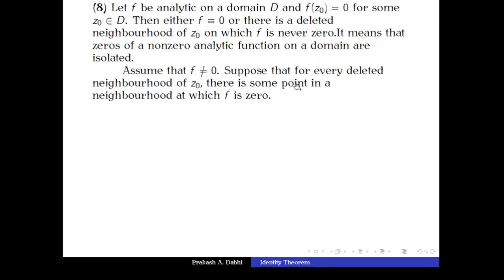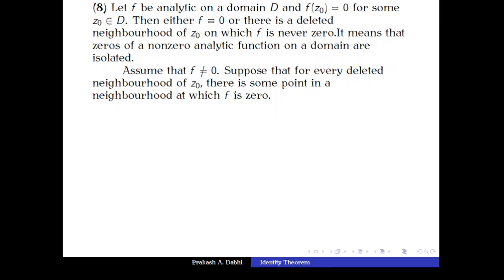Suppose that in every deleted neighborhood of z0 there is some point at which the function is 0. Again, what do we want? We want to prove the existence of a deleted neighborhood of z0 such that f is never 0 on that deleted neighborhood. So we are assuming that that statement does not hold.